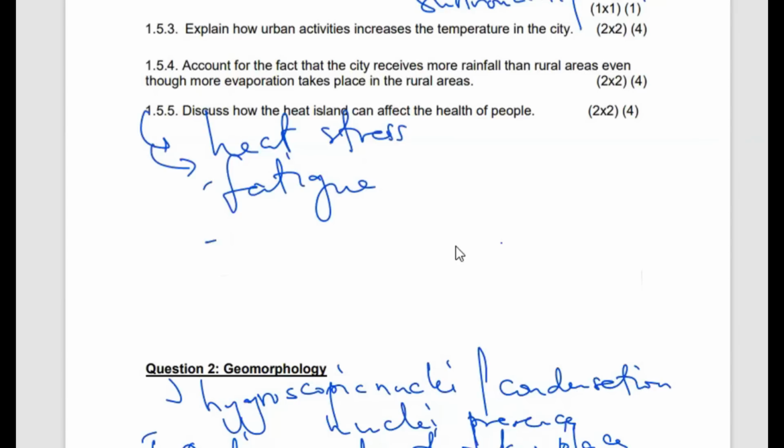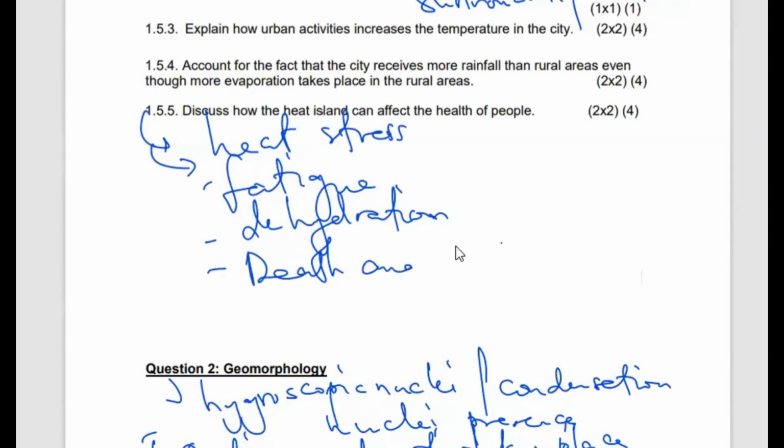And also it can cause dehydration, excessive loss of fluids in the body because of high temperatures. You will be sweating and you'll be losing fluid from the body. And ultimately, it can cause death amongst the elderly.